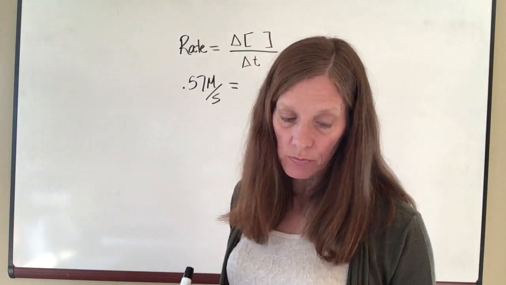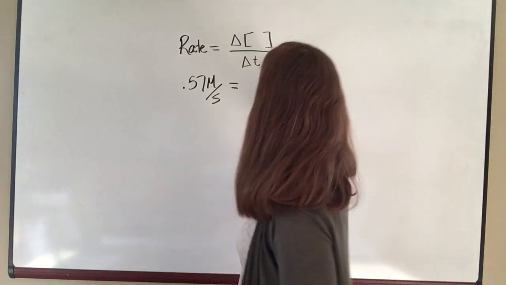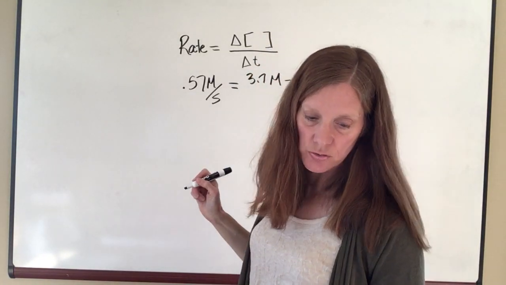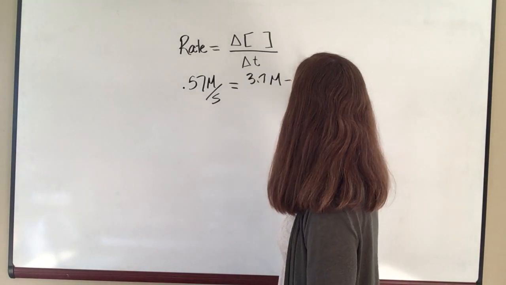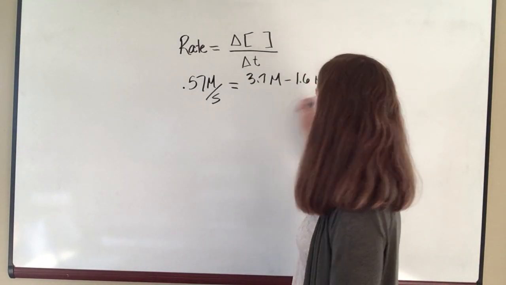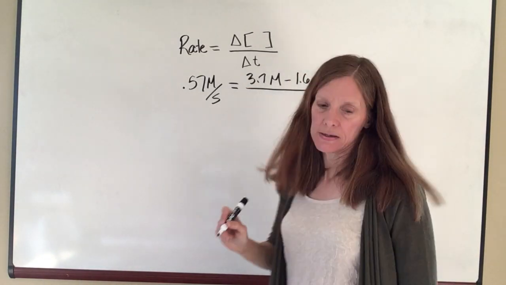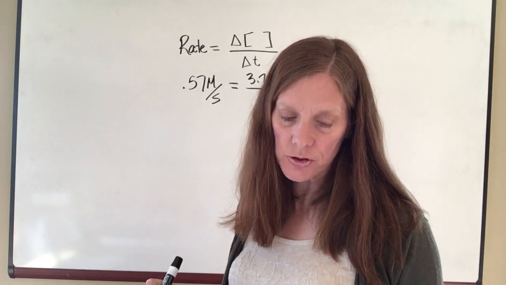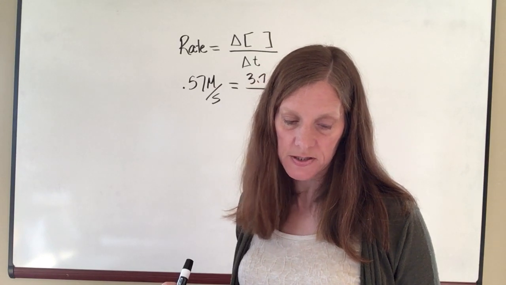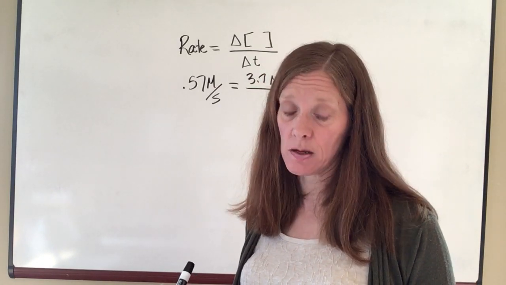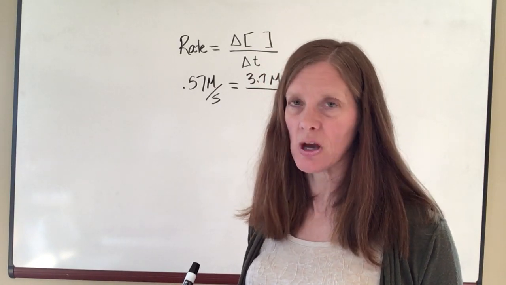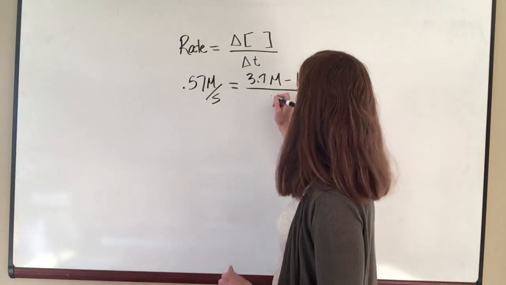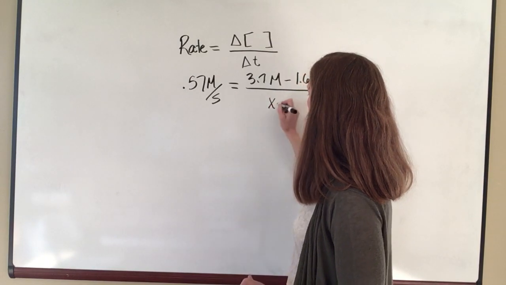So the second concentration was 3.7 and the initial concentration was 1.6 molar. Okay. Now, then it says that he made the first measurement at 2.0 seconds, but he forgot to record the time for the second concentration. So that means we don't know the final one, but we do know the initial one. So this is going to be x minus 2.0 seconds.